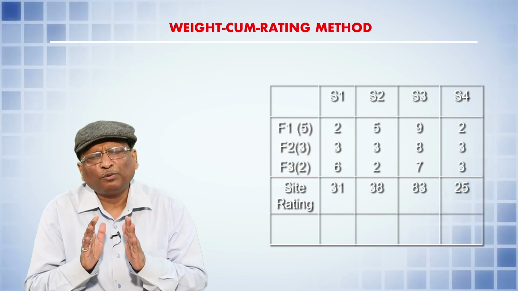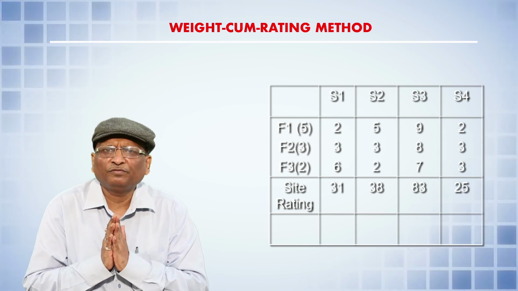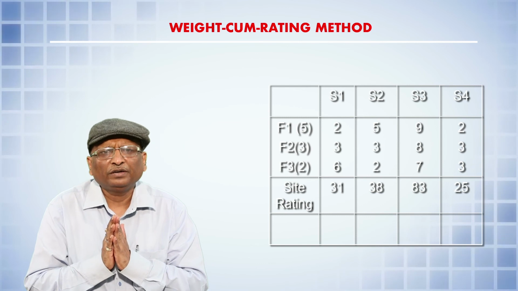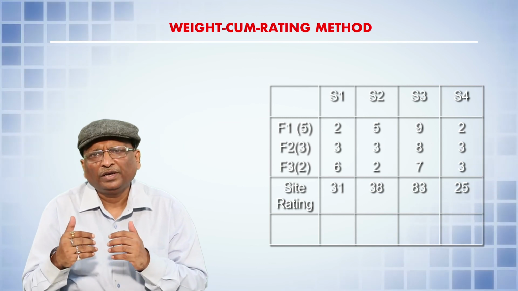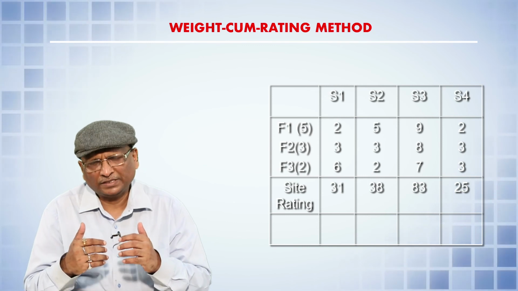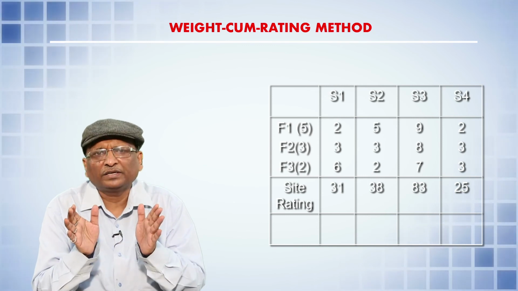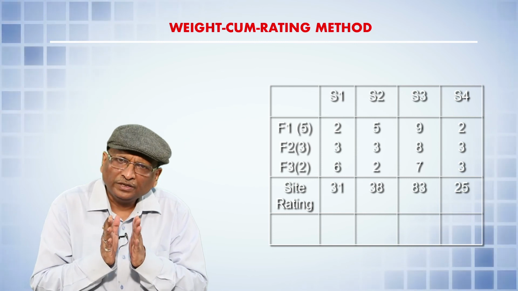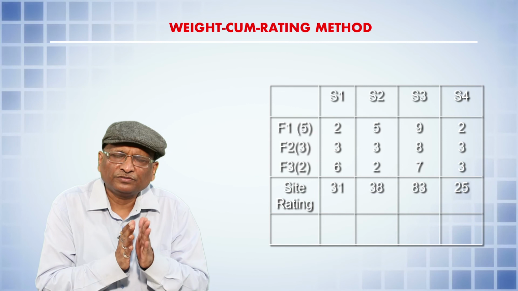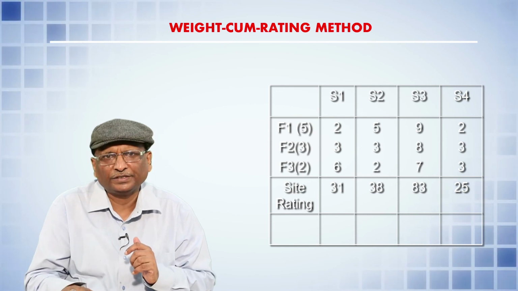Now, another important method is the factor rating method, where we have a subjective scale: poor, fair, adequate, good, excellent. So, we will take this scale as 1 to 5 and then we take the analysis as we have done in earlier cases.